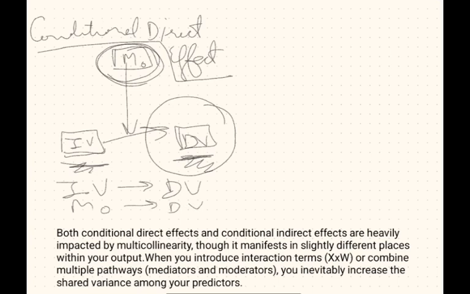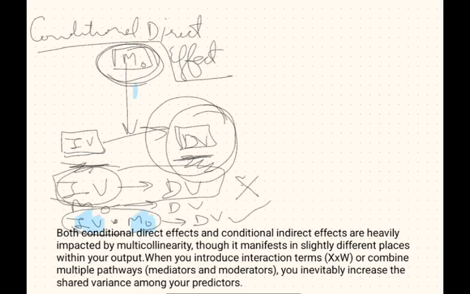This is the statistical diagram which I am trying to show you, and one interaction term, independent variable into moderator, affecting the dependent variable. So now you have three arrows pointing towards your dependent variable. Moderation effect becomes significant, but the direct effect becomes insignificant.